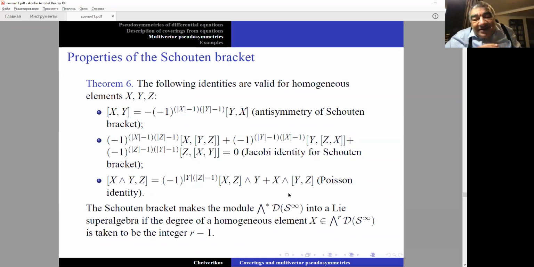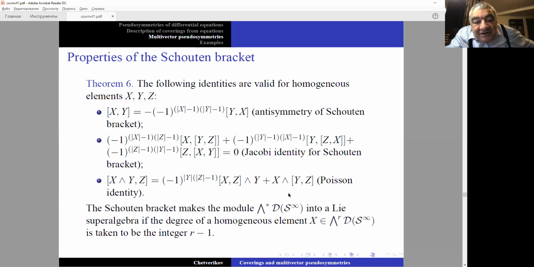Okay, my comment is very simple. Maybe it is a stupid comment. I just wanted to tell you that everything which is formulated in terms of the Schouten bracket, we can automatically translate as a statement about functions, the Poisson bracket in the superspace.